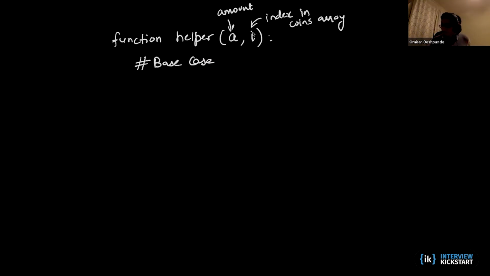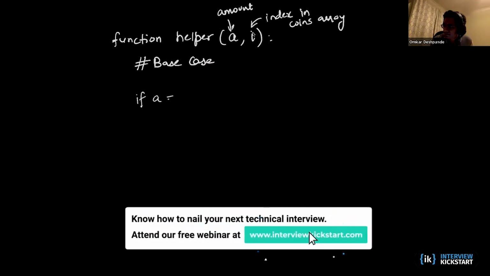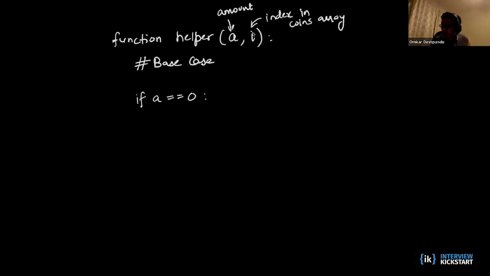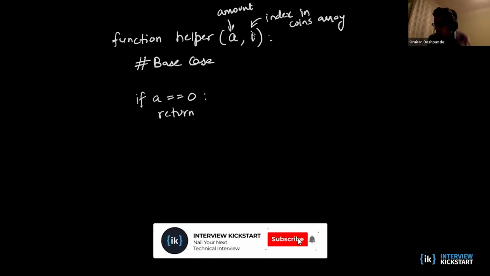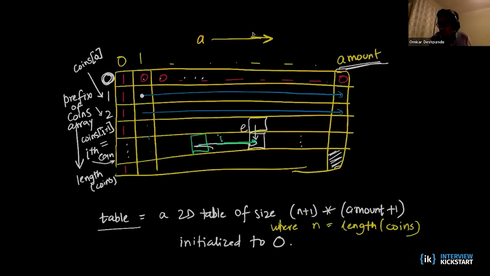So if the amount that is to be constructed is 0, then we know that the answer is a 1. Right? That's why we had that wall of ones wherever the amount was 0 in the leftmost column.